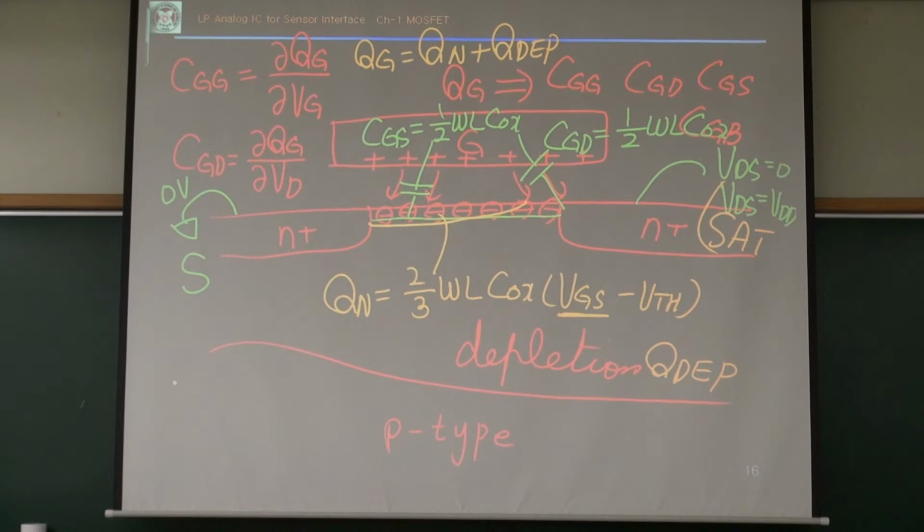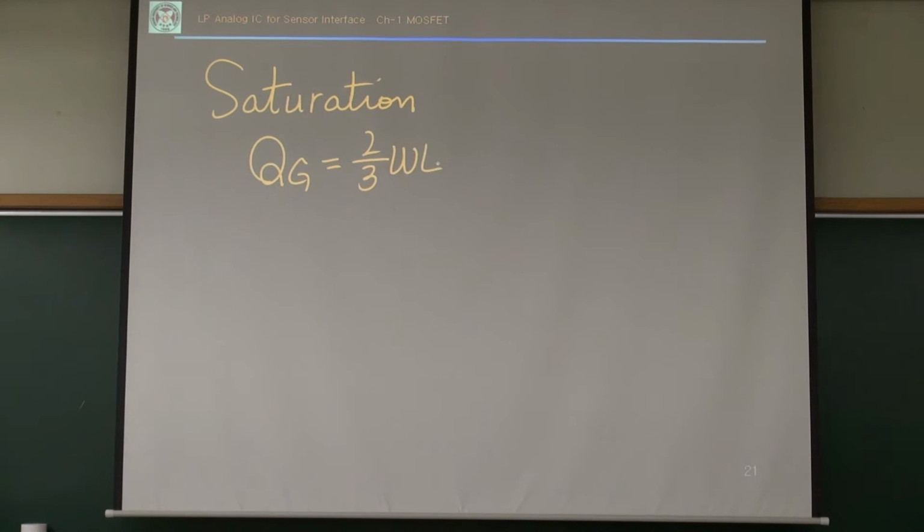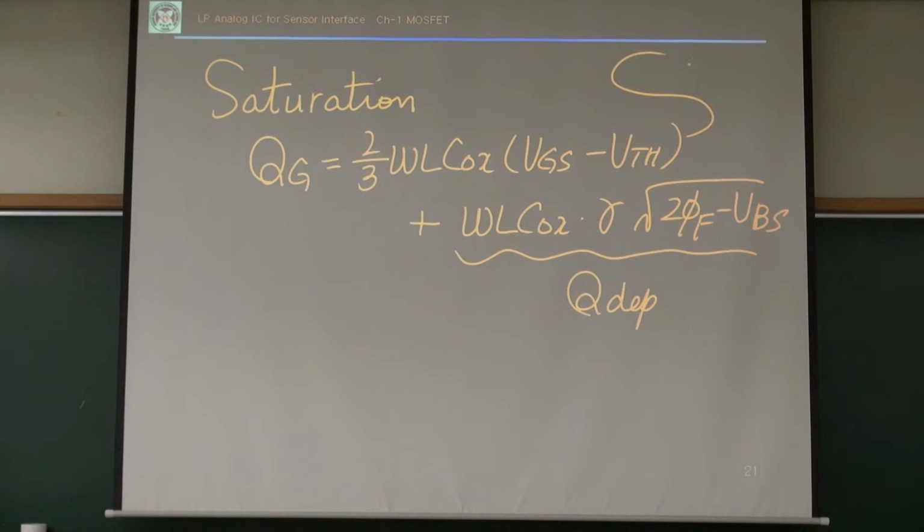So in a saturation region, yeah, in a saturation region, my QG becomes plus some depletion region, which is WLCOX gamma square root of (2 phi f minus VBS) or something like that. So this part is depletion charge. This part is inversion charge.